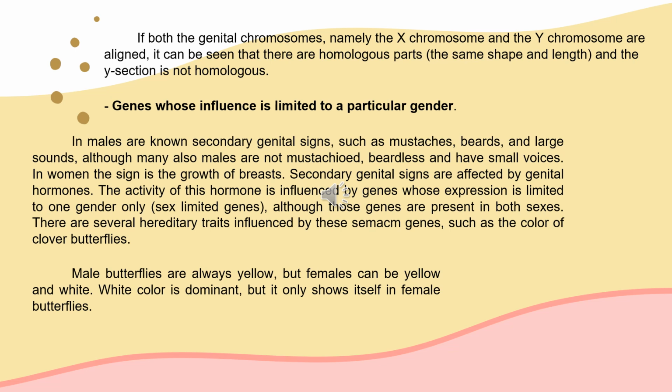Although those genes are present in both sexes, there are several hereditary traits influenced by these genes, such as the color of butterflies. Male butterflies are always yellow, but females can be yellow and white. White color is dominant, but it only shows itself in female butterflies.